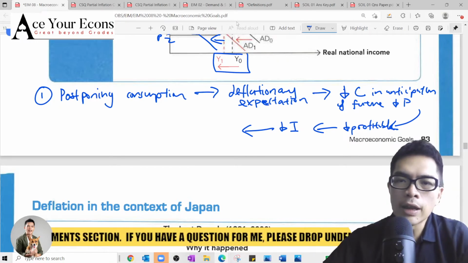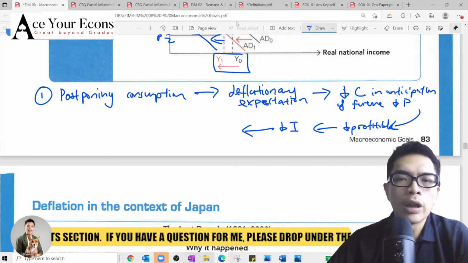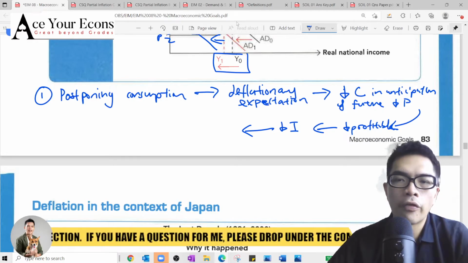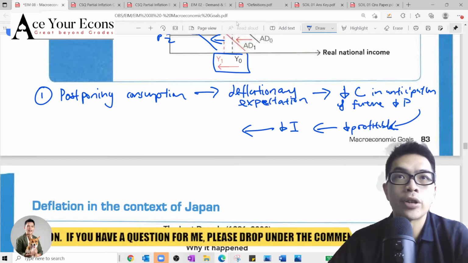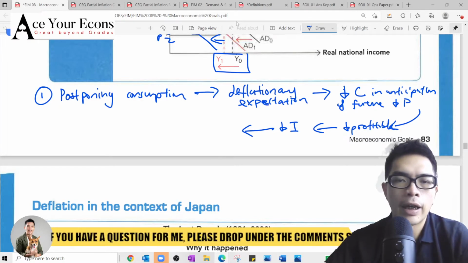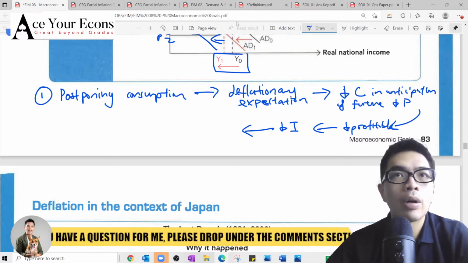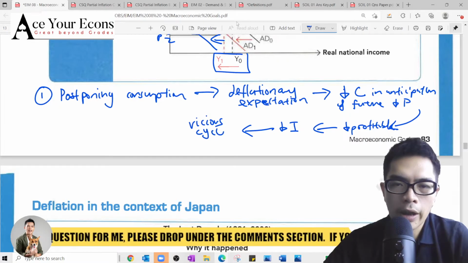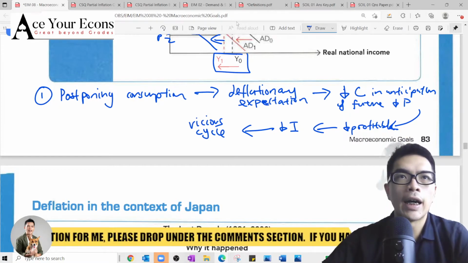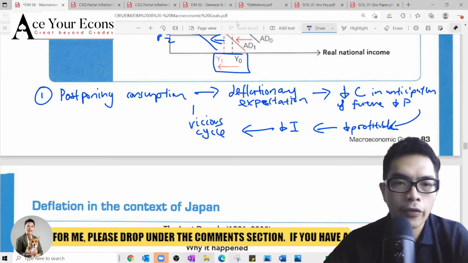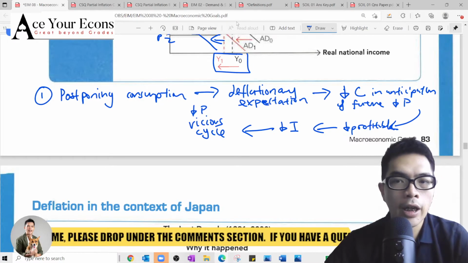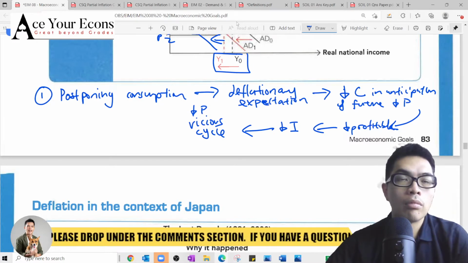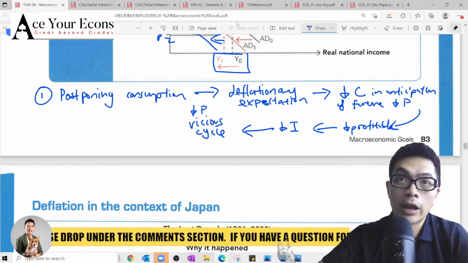So you can see that the cumulative effect of a fall in C due to anticipation of future prices falling, and a fall in I, will lead to what? A vicious cycle. Why? Because a fall in C and I will actualize the fall in price level. Do you see that? When C and I go down, AD goes down, right?